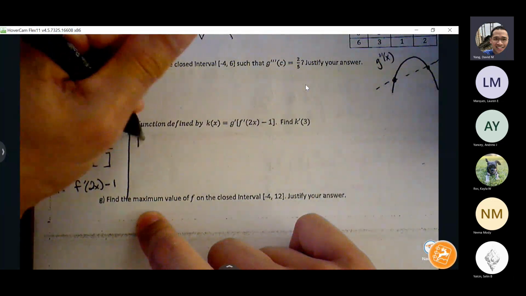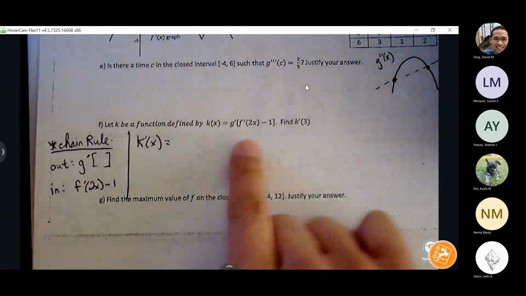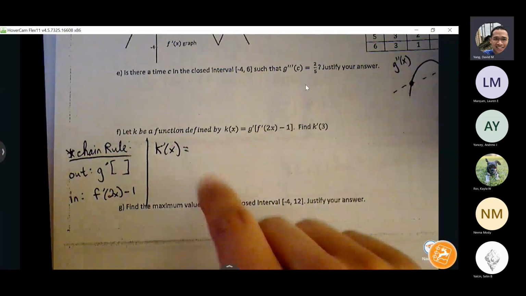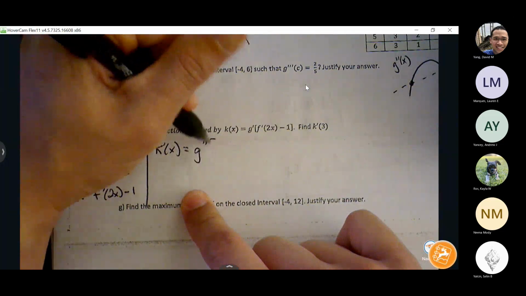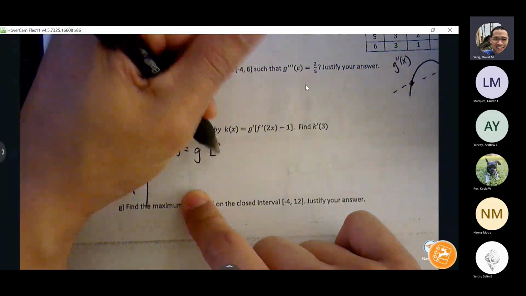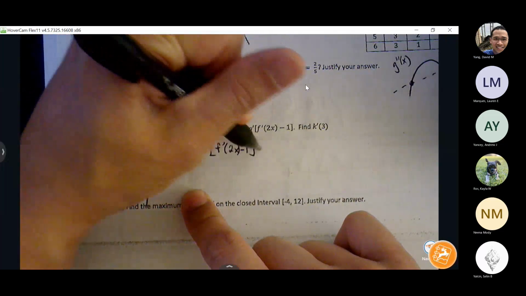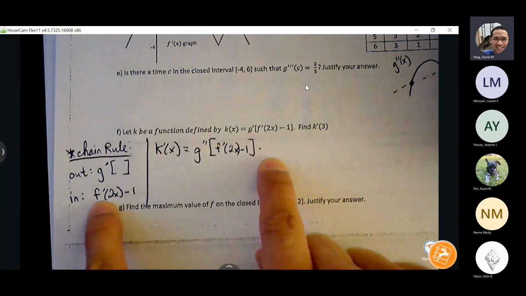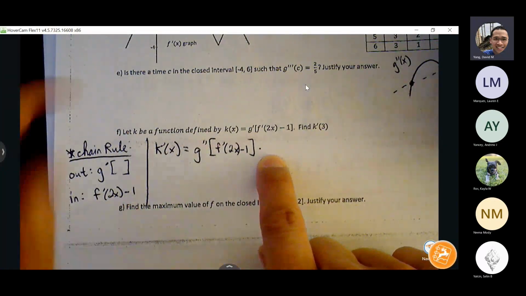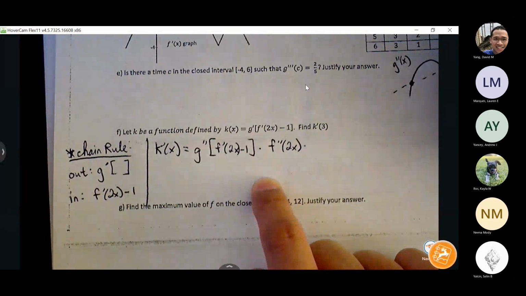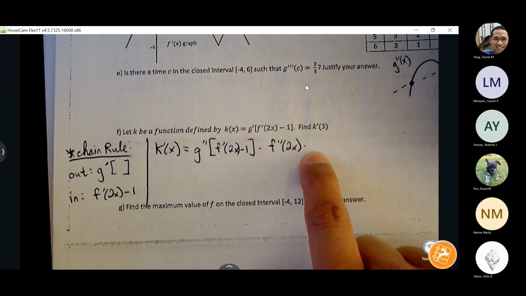Okay, so let's build K prime of X. G prime is function notation, so all we can do is make it go down one derivative, G double prime. Keep the inside portion intact. Times the inside portion's derivative: F prime of 2X becomes F double prime of 2X, times what's inside this, right?